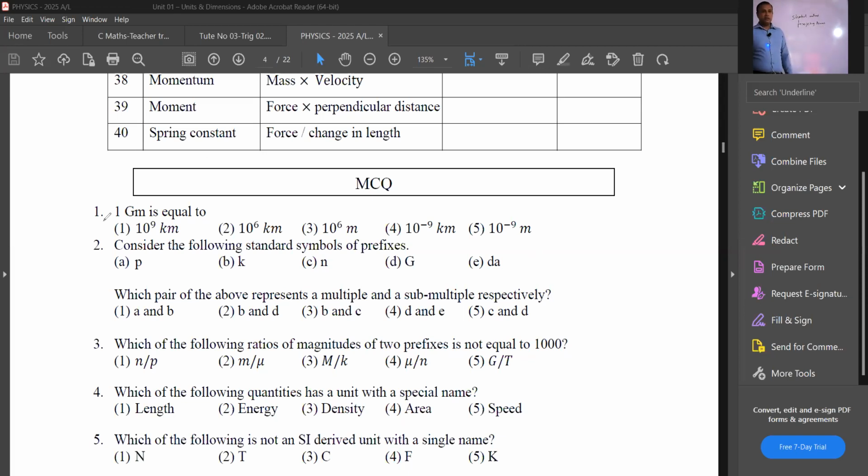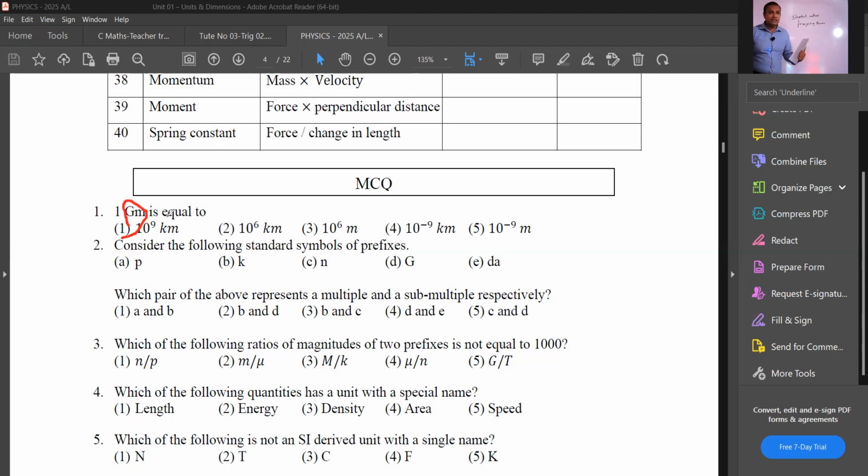First look at this one. In this case we have to have some knowledge about the question, not 100%, but some knowledge. In the first question we are asked, 1 gigameter is equal to how many meters.